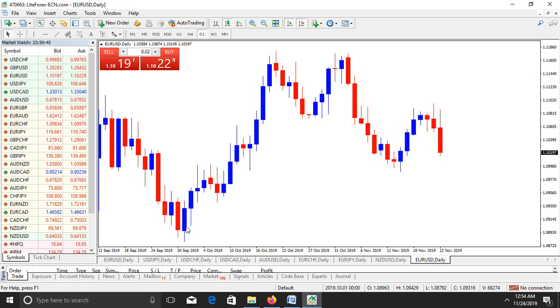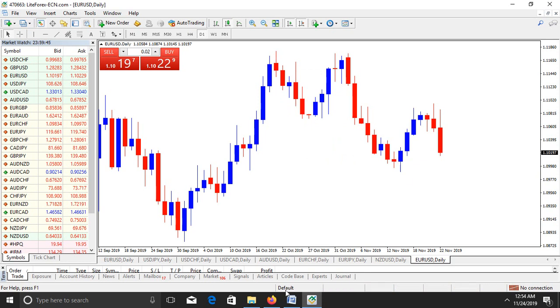So you have buyers at the low, and then you have sellers concentrated at the highs. So these are the highs, resistance, where we have sellers. That's supply. Here is the low. After the fall to this low, we have demand here. That's buyers, and then we have demand here again.